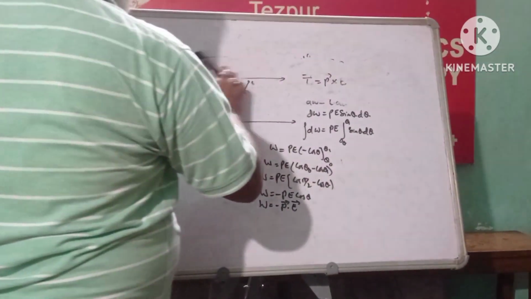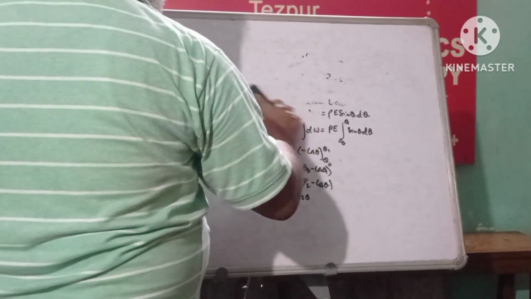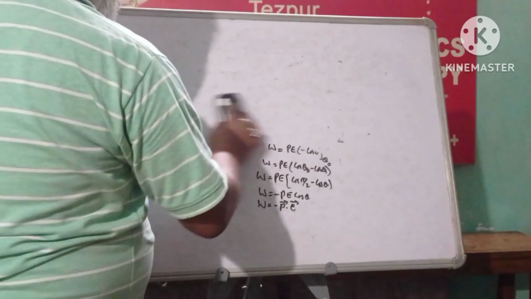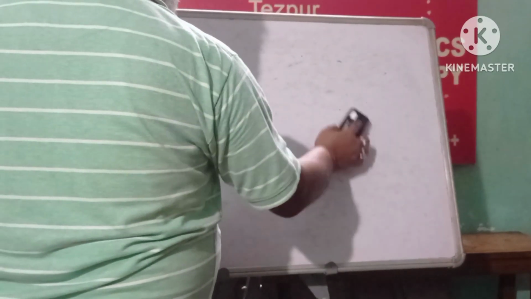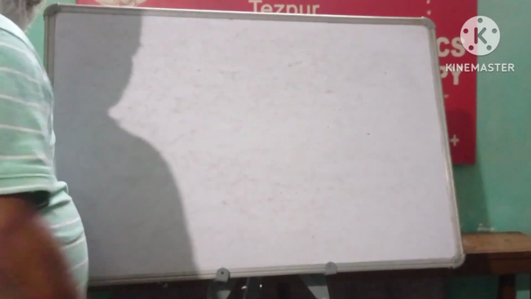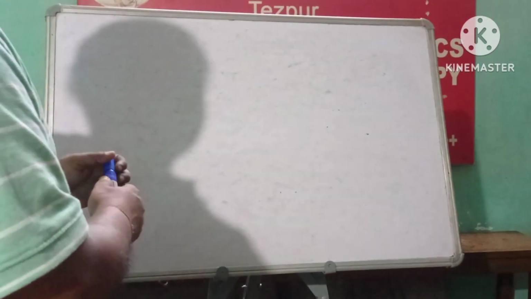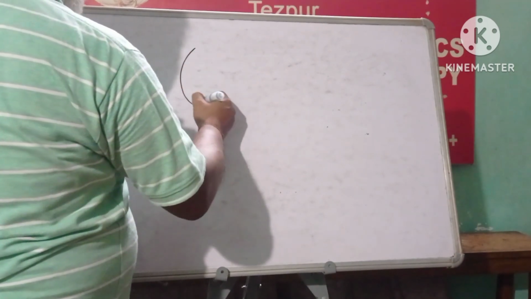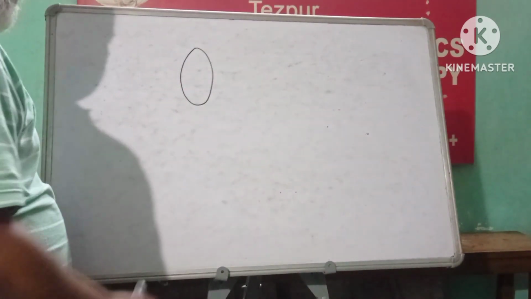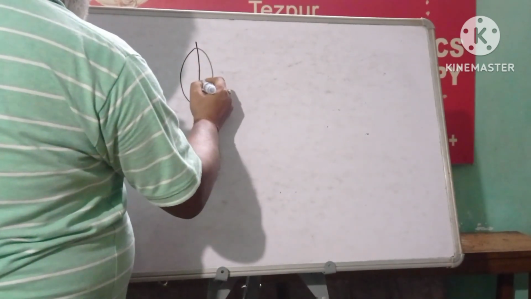Now, again, I want to show you, this was about electric fields. Similarly for magnetic field, here you consider a circular loop.